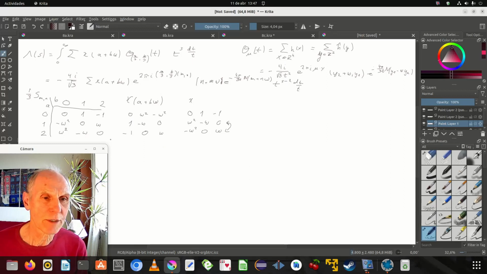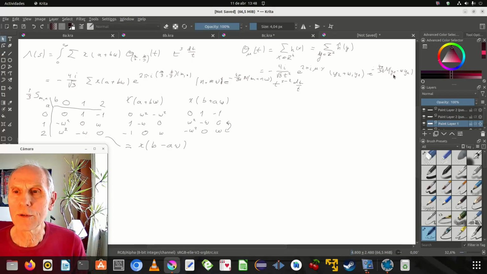So this means that this is equal to theta of, this was b plus a omega, and then it's b minus a omega. And that's amazing, because that's exactly, oh, is it?